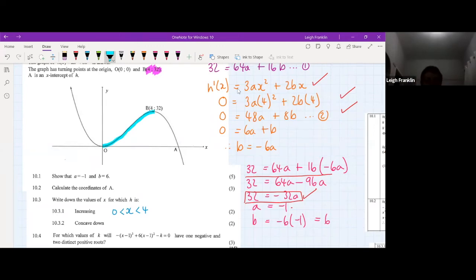Nice. Okay, for what values of x is the graph concave down? Okay, how are we going to do this? How are we going to work out the values of x for which the graph is concave down?